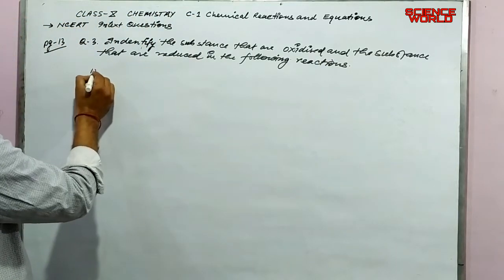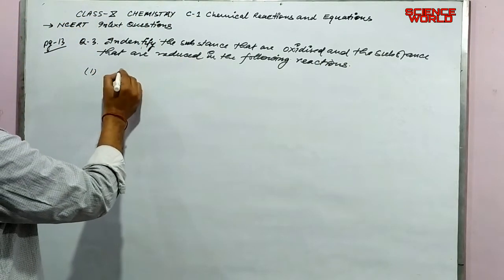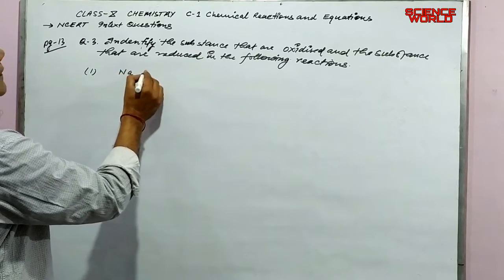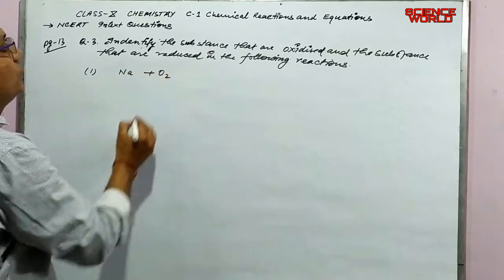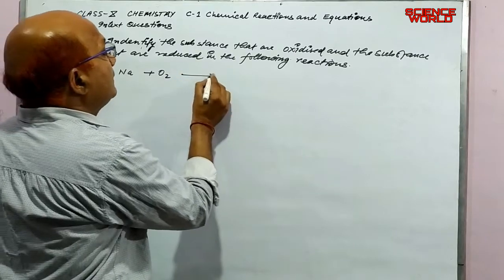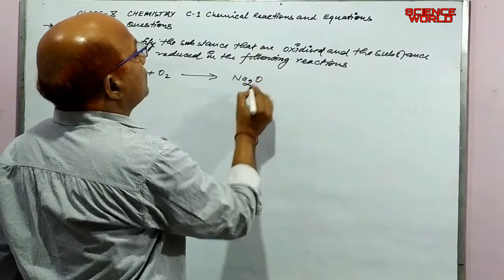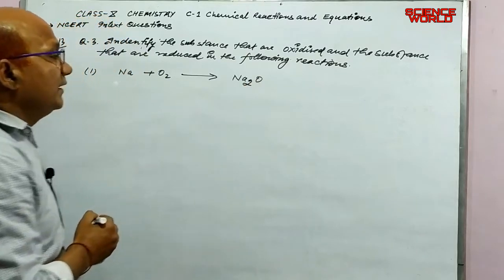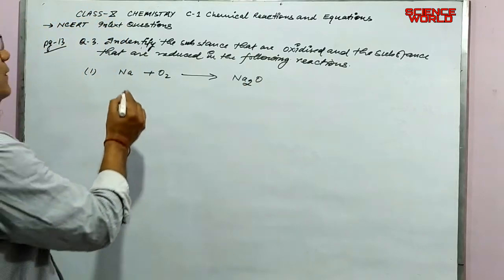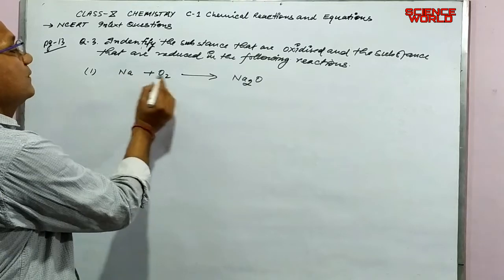Now first reaction is Na plus O2, it gives Na2O. You can balance it.